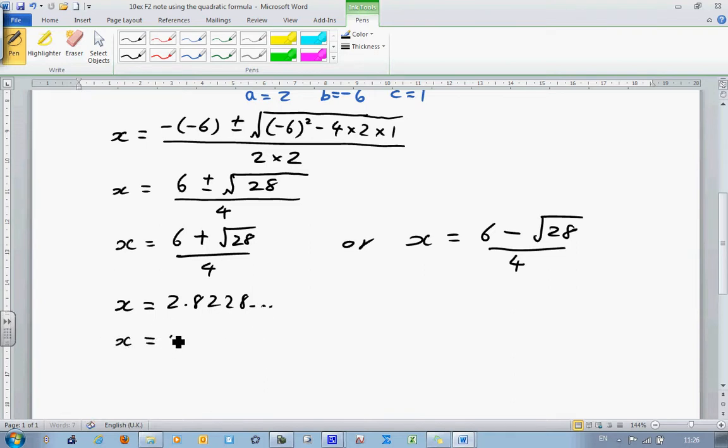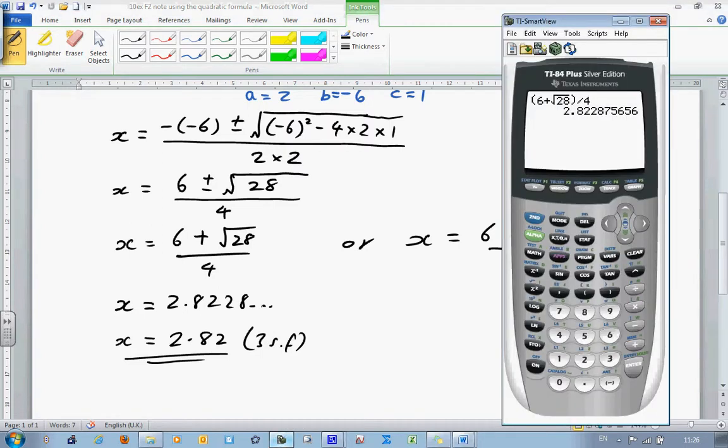So that's one of the solutions, and then the other solution is going to be 6 minus the square root of 28 all over 4. A nice way of doing this on the calculator is to press second, entry, and it brings it back. And then instead of retyping it, you can just put in a minus sign. Press enter, and you've got 0.1771.